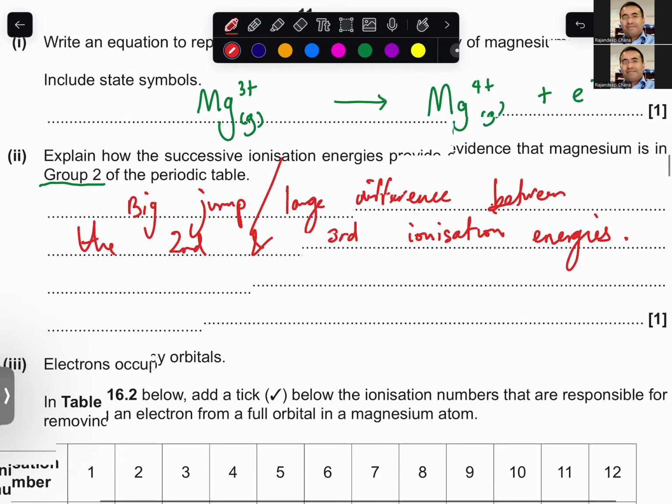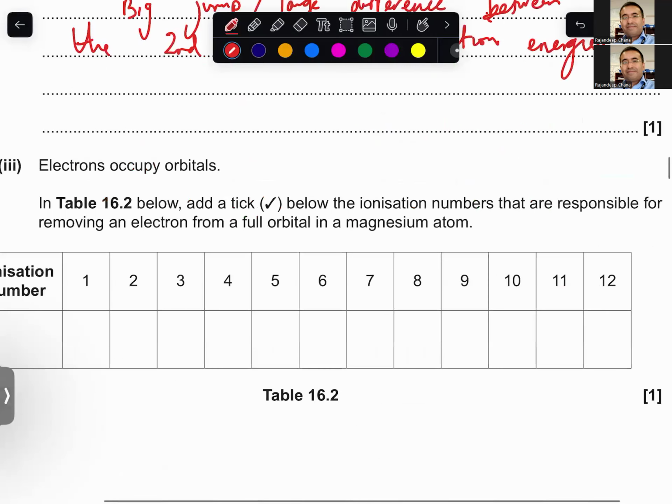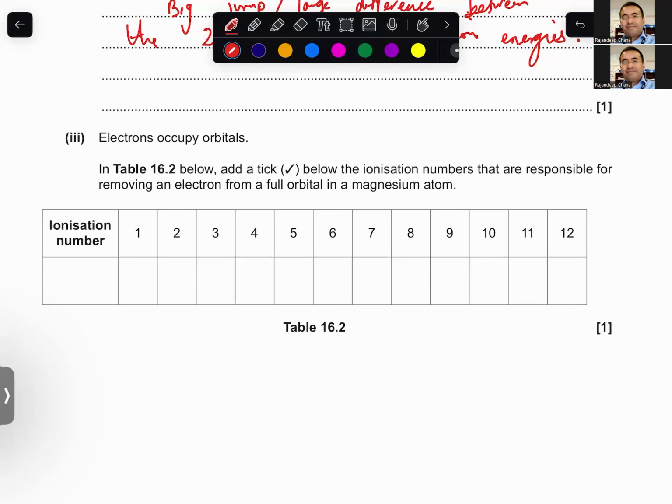Next question. It says in table 6.2, add a tick below the ionizations that are responsible for removing an electron from a full orbital in a magnesium atom.